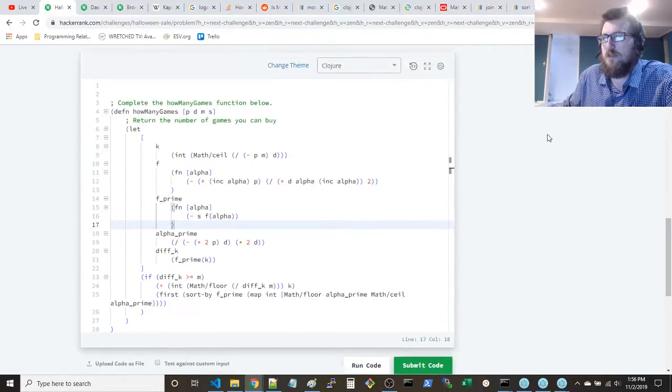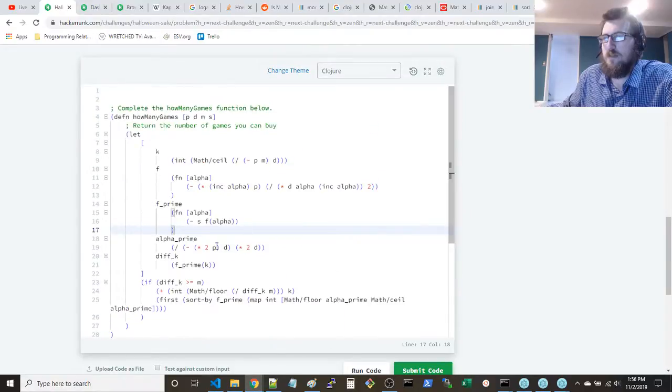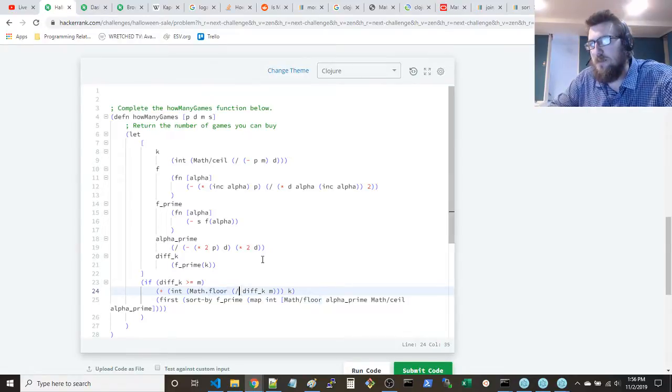How do I get the floor function in? Maybe it's just math.floor. I don't know.